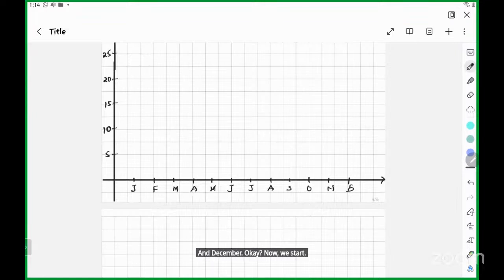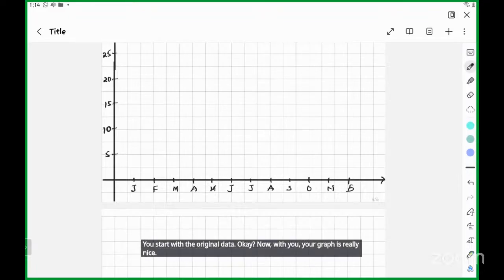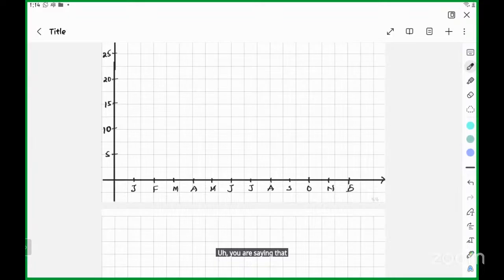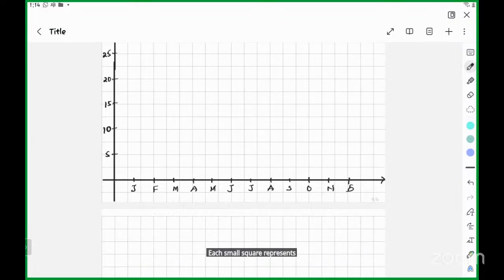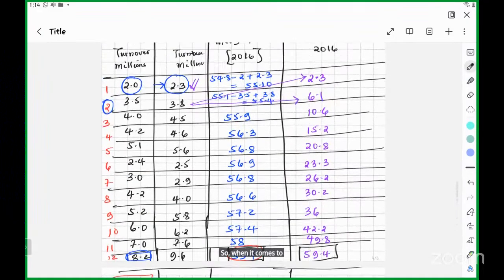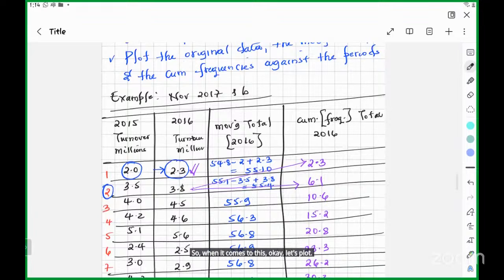Okay? Now we start. You start with the original data. Now with you, your graph is really nice. You are saying that for every 10 centimeters, 2 centimeters, you have a unit. Each small square represents a 1. Are we together? So when it comes to this, okay, let's plot. Jan of 2016 is 2.3.